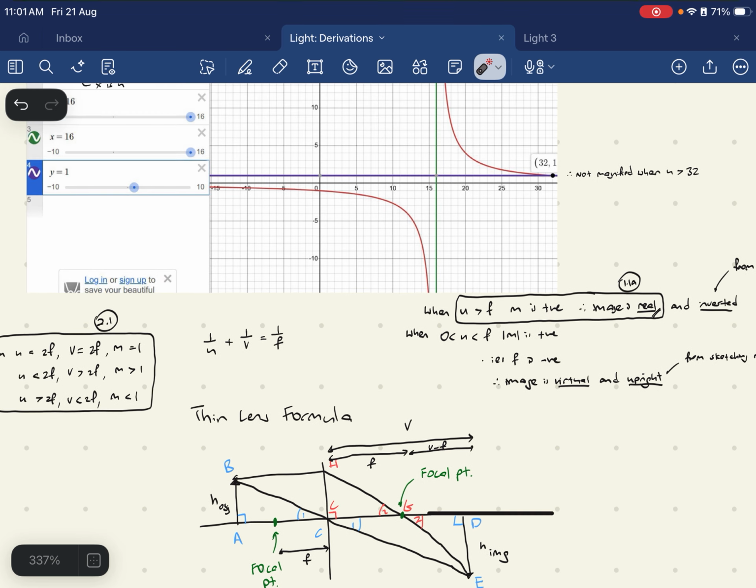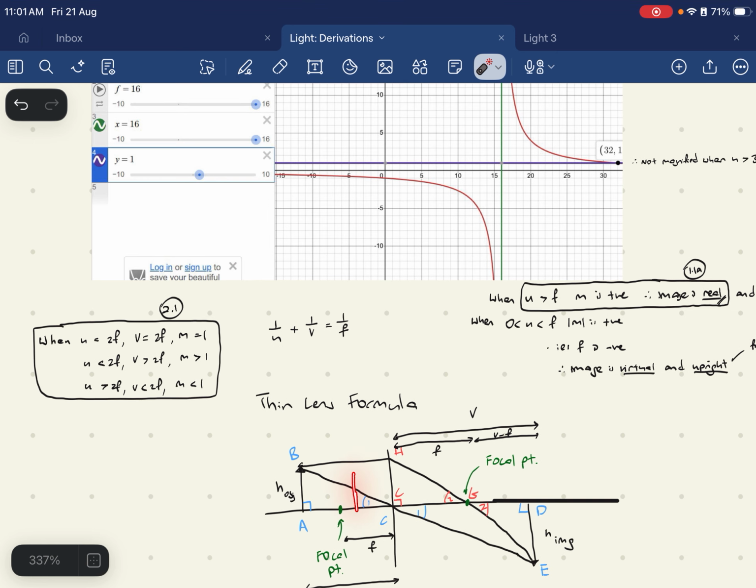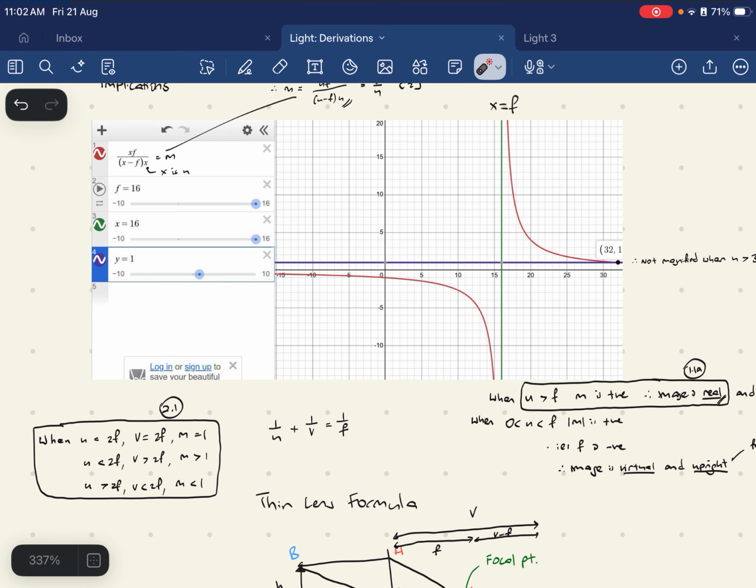And if you make it so that u is between 0 and f, if you take this object and you move it closer so that it's between 0 and f, right? Then you see that you come to this position here where you are still magnified, but your magnification is negative. And the reason why your magnification is negative, remember that magnification is v over u, right?